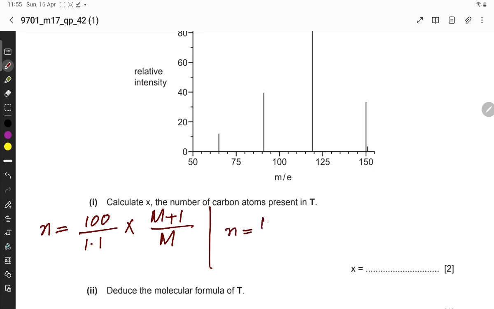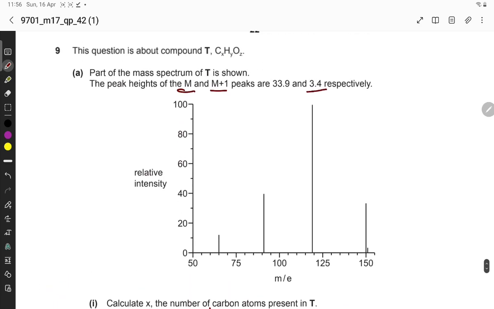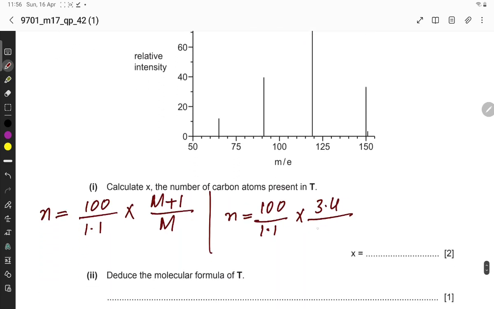So it is equal to 100 divided by 1.1 into M plus 1, which is 3.4, while M is 33.9. By calculating this I get 9. The number of carbon atoms in T is 9.